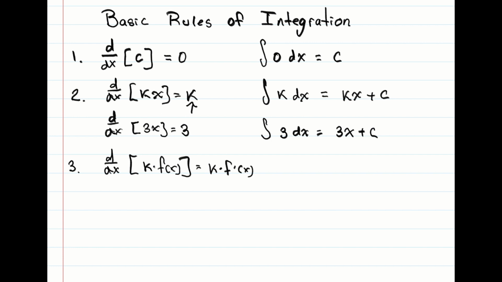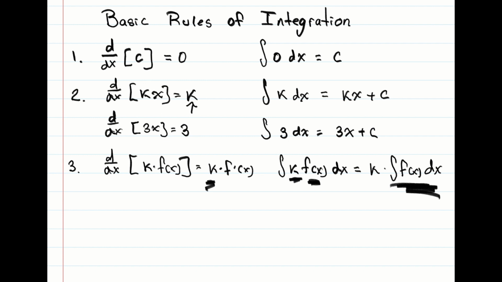So the question is, what is the integral of k f of x dx? What is the integral of a constant times a function? Well, the same trick. We can pull the constant out, and this is equal to k times the integral of f of x with respect to x. Then you go ahead and take the integral of your function. This is just a property.